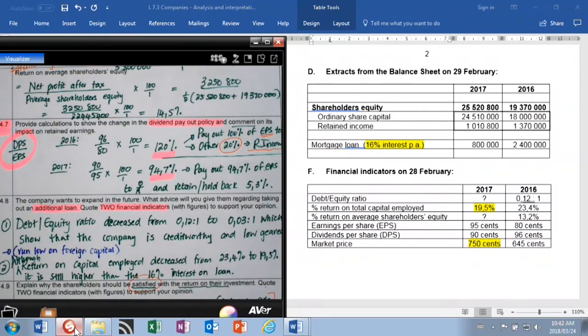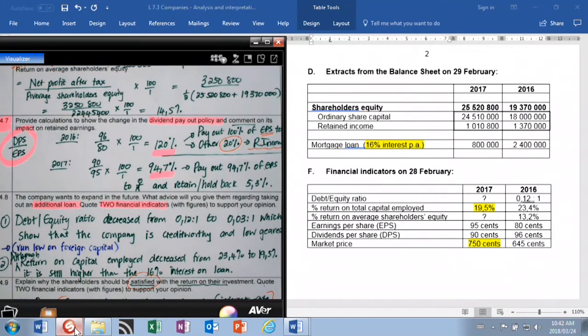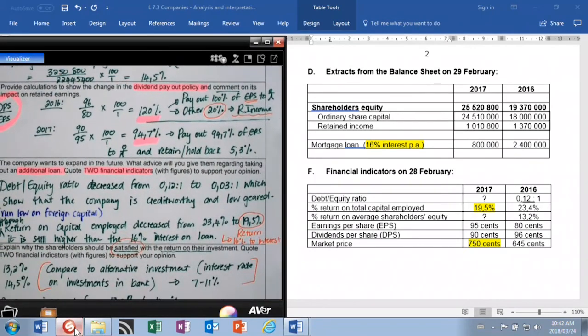So you compare your return on capital employed with your interest on loan. This means that this is basically our return, and from that return we must pay 16% to interest. And because it's more, you can take out a new loan.